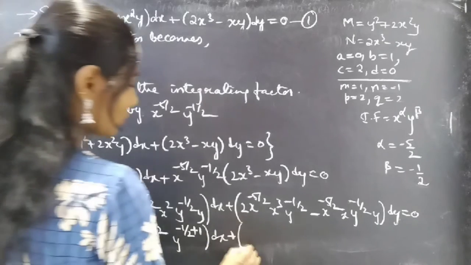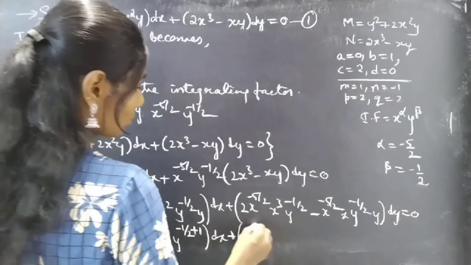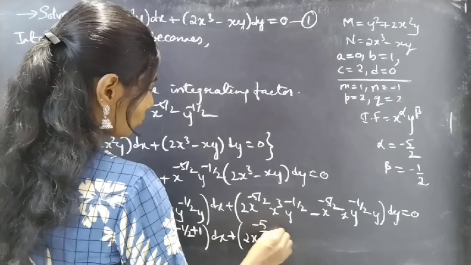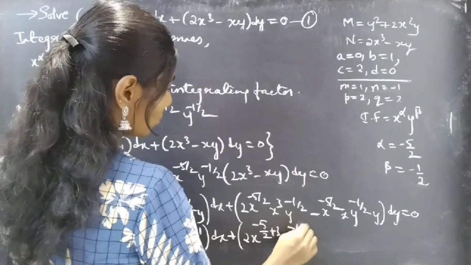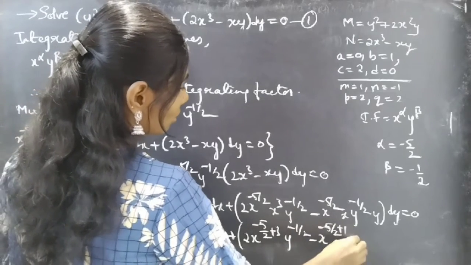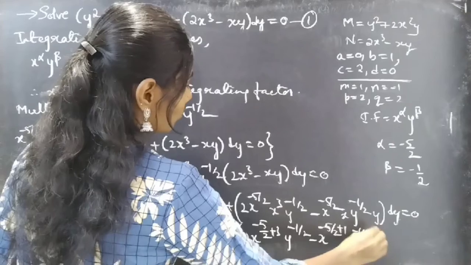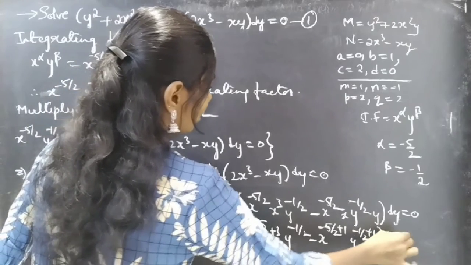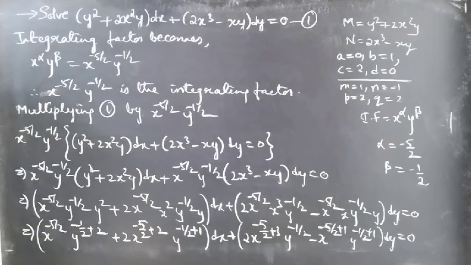Plus 2 into x^(-5/2 + 3) y^(-1/2) minus x^(-5/2 + 1) y^(-1/2 + 1) into dy equal to 0.